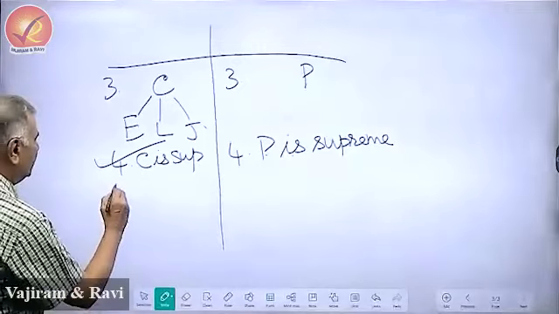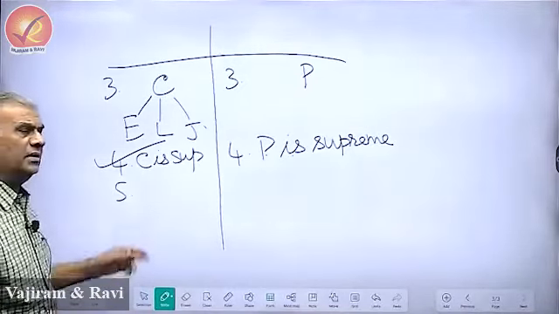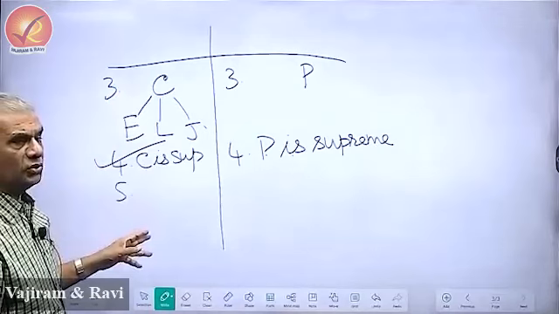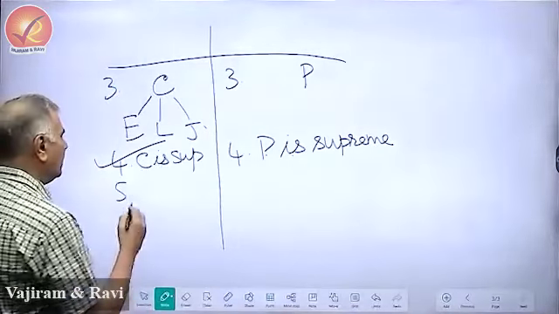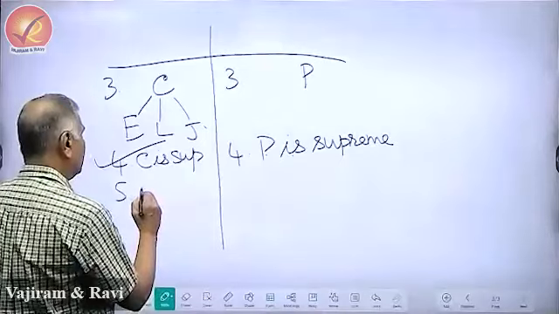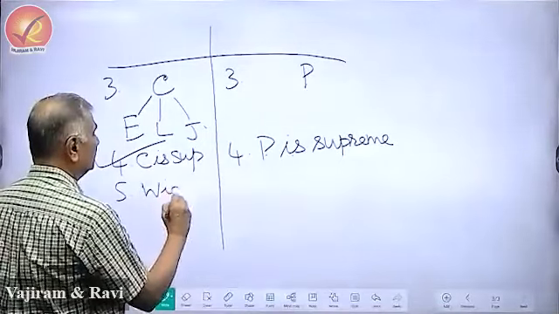Then the fifth difference is, in a written constitution, the judiciary enjoys wider powers.